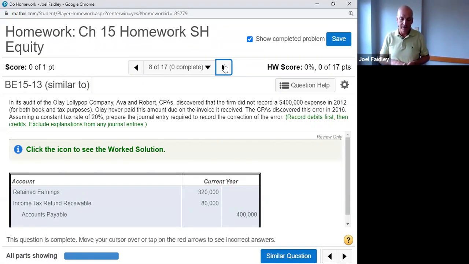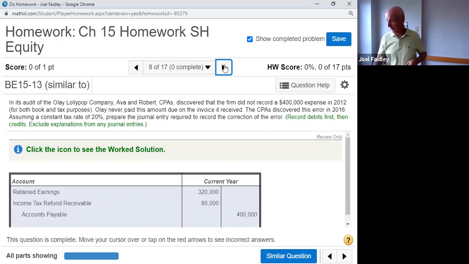And so $400,000 at 20% tax rate means that 20% of that $400,000 is going to be an income tax refund receivable. The IRS owes you money for that. And you're going to have to actually make a cash payment to your supplier, though. But you're going to get a refund from the IRS for overpaying your tax. And the rest of that, net of tax, 1 minus the tax rate is 80%, goes to retained earnings.